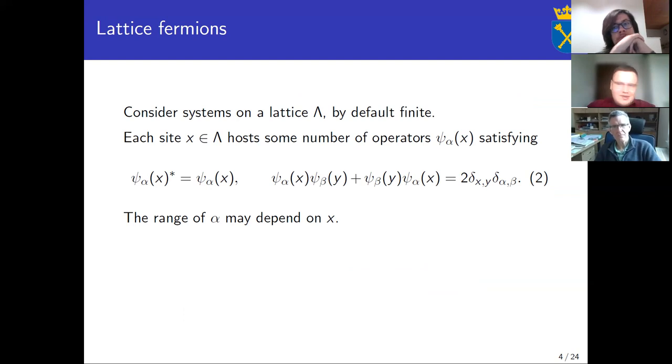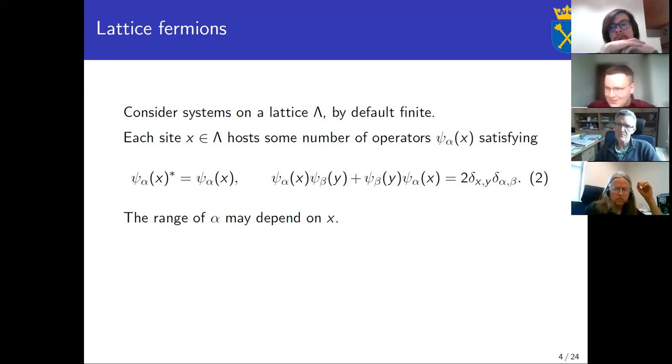One can also talk about infinite lattices, but I don't want to do that too much because that's much more technical. One has to fight through some subtleties with operator algebras, and so I might mention that once in a while.